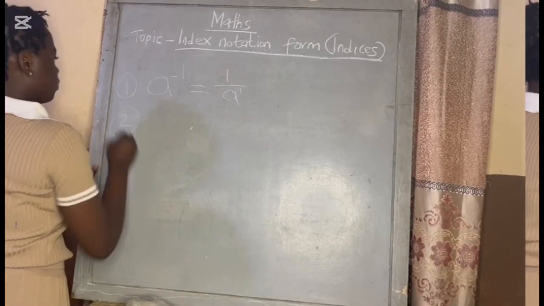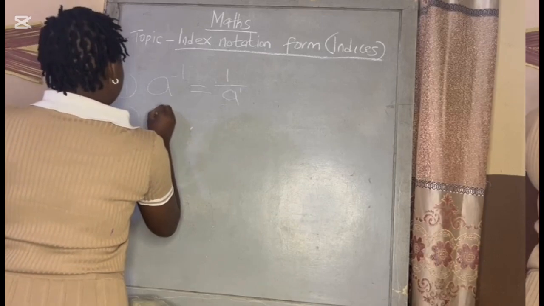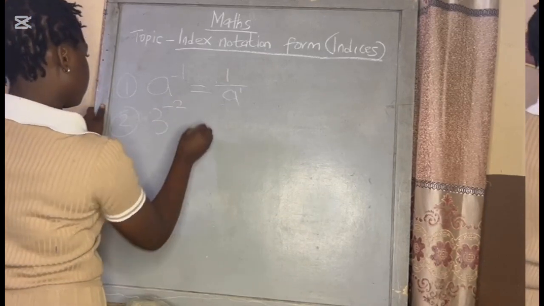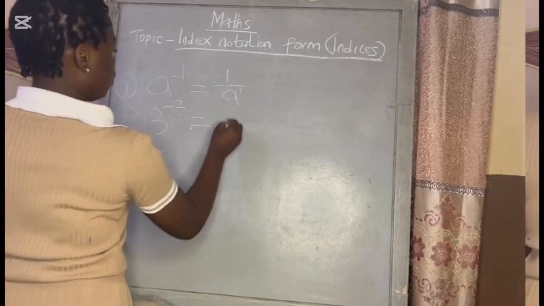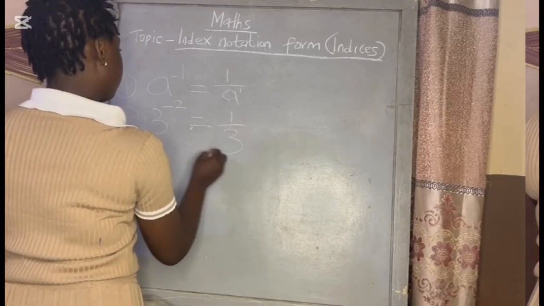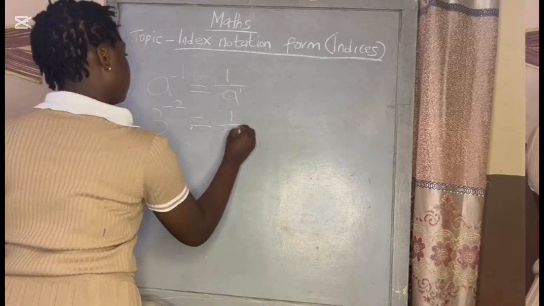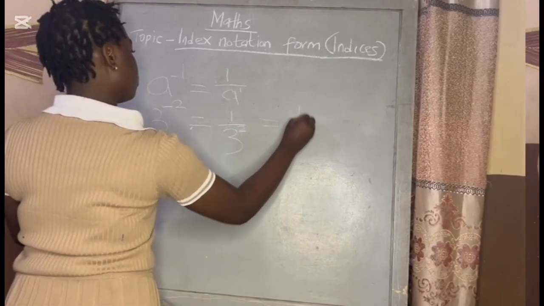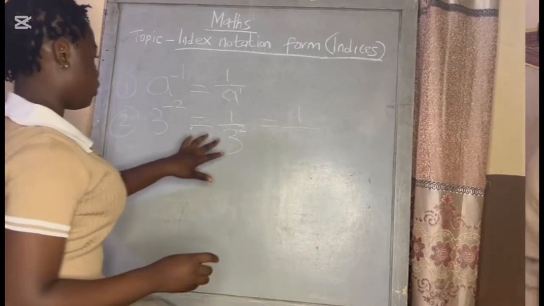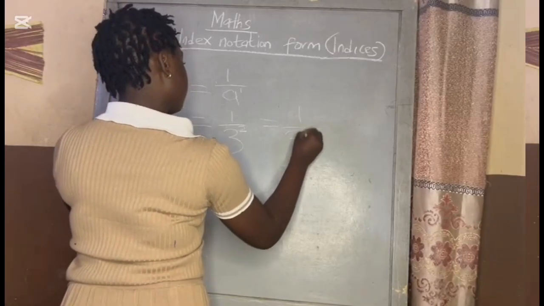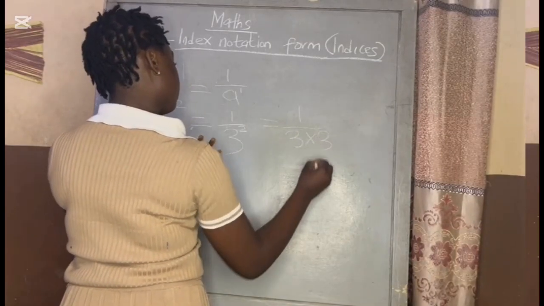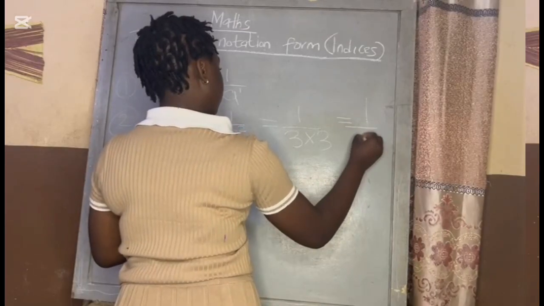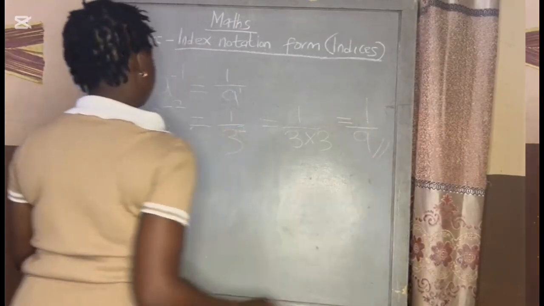Example 2. 3 raised to power minus 2 is equal to 1 over 3 raised to power the positive of the index 2, which is 1 all over 3 times 3, which is 1 all over 9. So this is our answer.